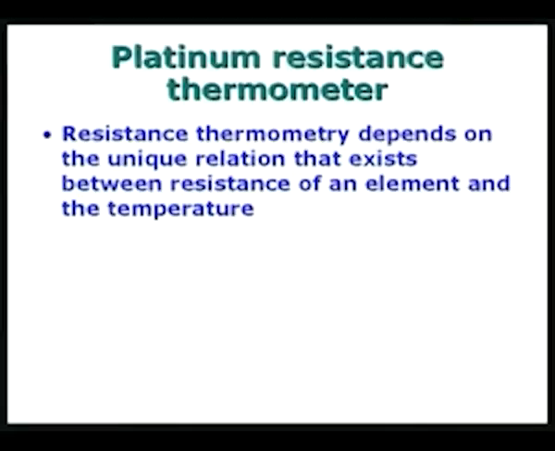So, the basic idea of resistance thermometry goes back to what we said several lectures ago. The idea is to see if there is a definite relationship between the temperature and the property of the resistance thermometer, which is the electrical resistance.